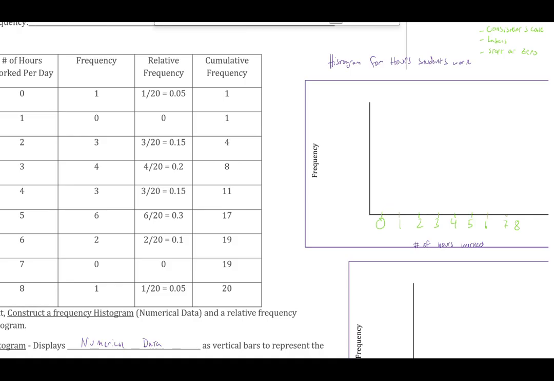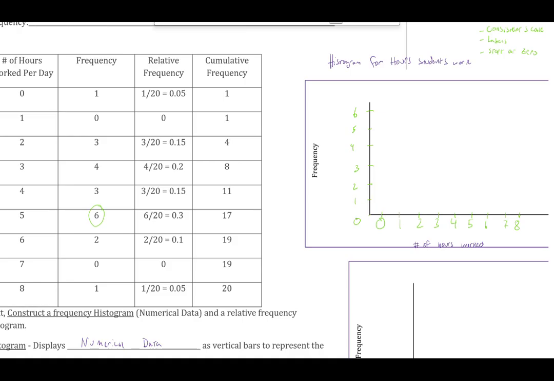And I'm hoping that the marks between all of these values will be consistent in their distances. And then on the frequency axis, we have to go up to a maximum frequency of 6. So I'll put a 6 up here. About halfway is 3, 4, 5, 2, 1, and then 0.